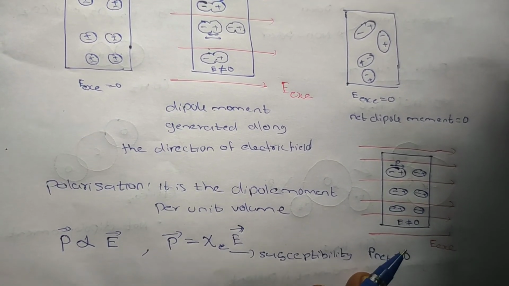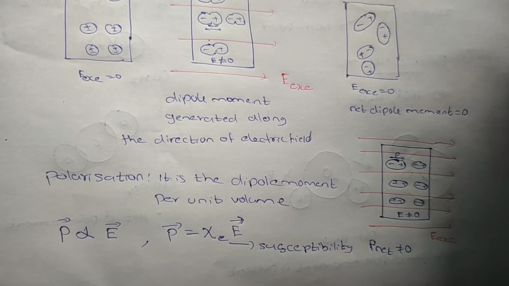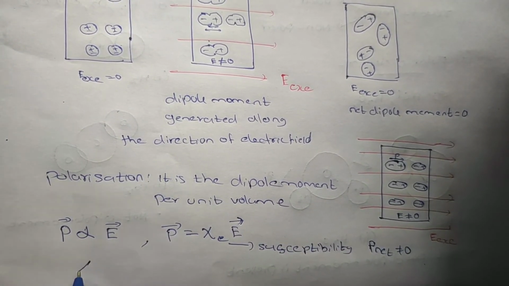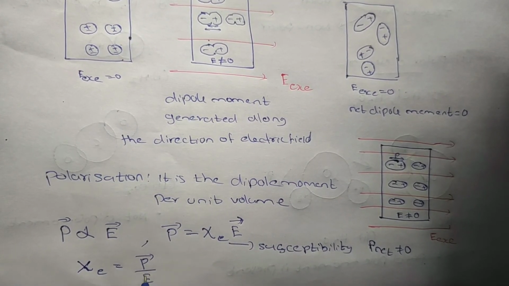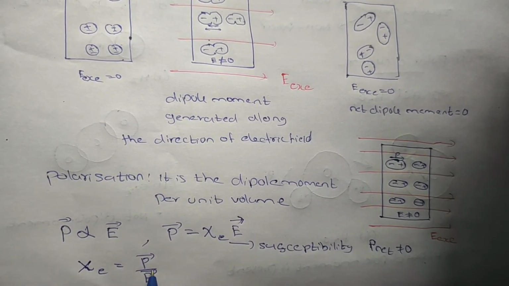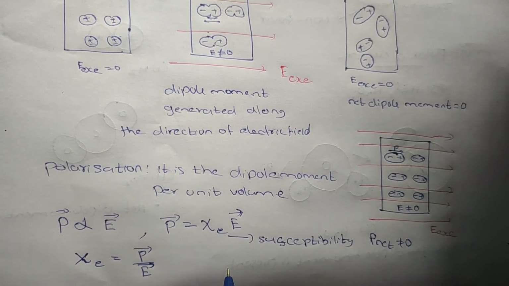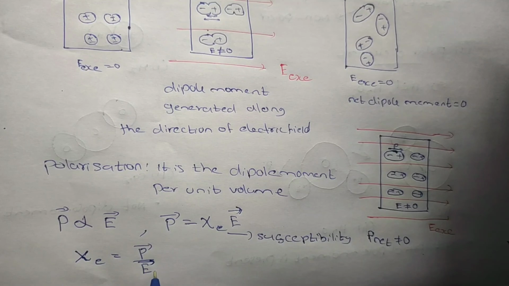Okay, clear? So we have to define susceptibility. From this, what is susceptibility? Susceptibility is equal to, E comes over here, so P by E. What is P? Polarization. And what is E? E is the external electric field.